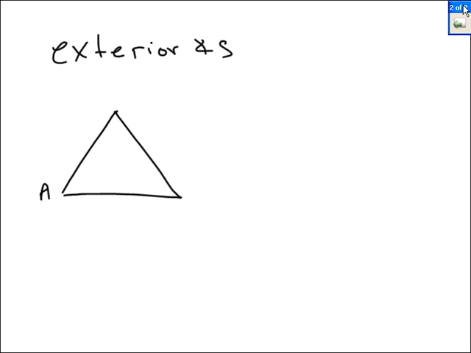You have triangle A, B, C. And let me move C. So A, B, and I'm going to extend the line at C. This angle number 1 is exterior. And I claim that angle 1 is equal to angle A plus angle B.